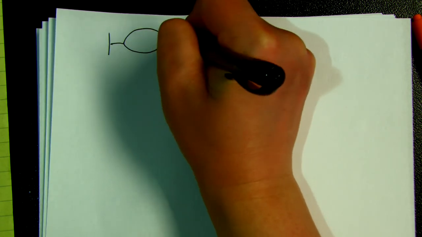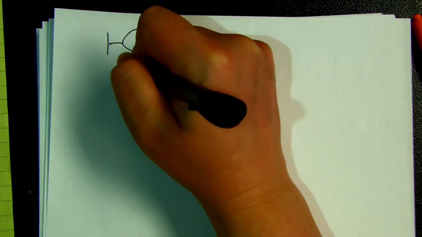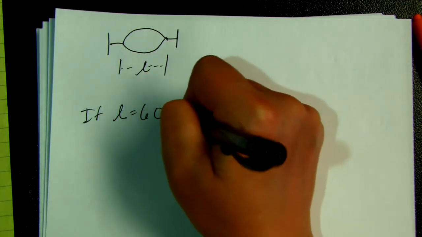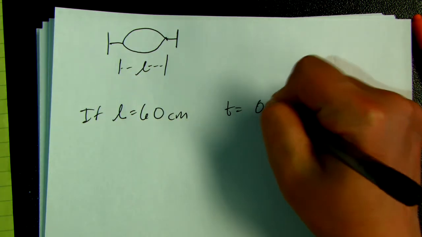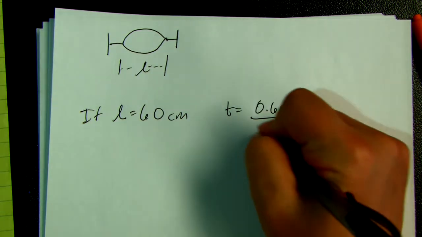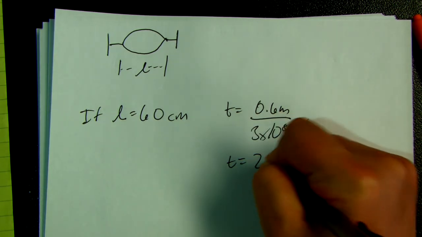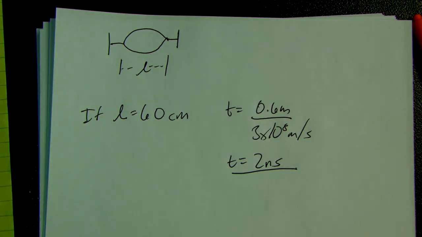So let's kind of draw some pictures. They will be bad. Here's a pulse. So we'd want to look at the length of this pulse. So if L is equal to 60 centimeters, 0.6 meters, and we're going to assume C, 3 times 10 to the 8 meters per second, then it would experience this pulse for a total time of 2 nanoseconds.